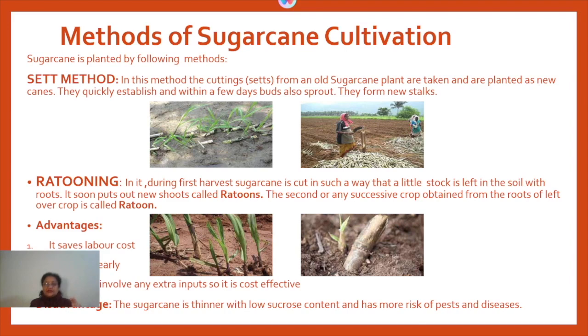The cuttings are planted in such a way that the nodes are kept safe, and the nodes give out buds. The buds sprout from there, and the cuttings are planted in the field, so they form new stalks. Once again, the sett method is one in which cuttings are taken from an already existing sugarcane plant.